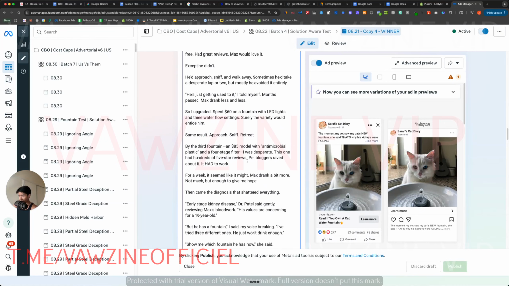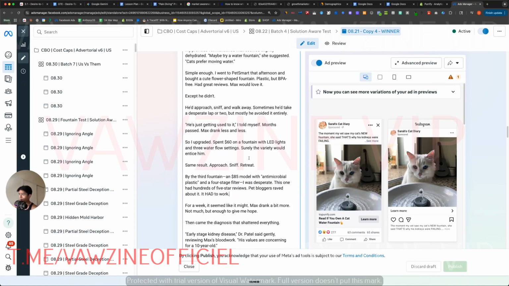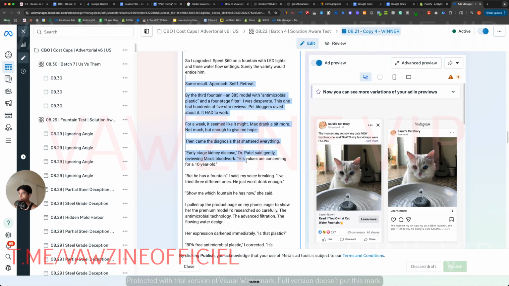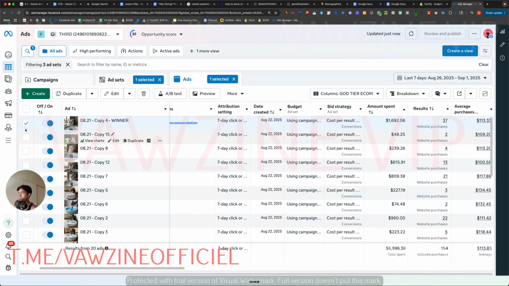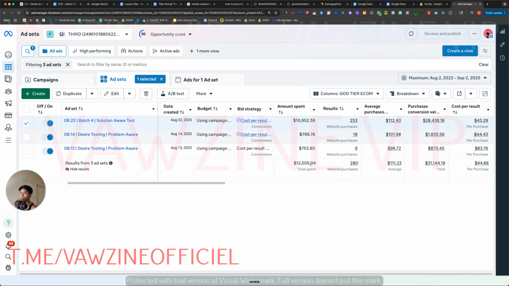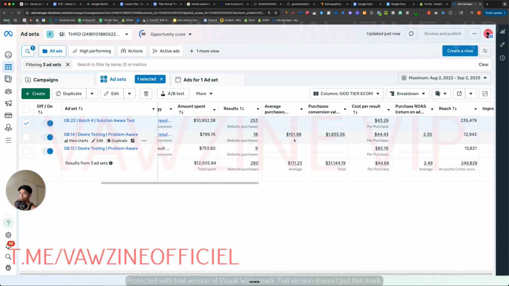I'm trying to find where it says it. But basically, yeah, she gets into the hospital, and the cat has early stage kidney disease. So it's the same angle. All we did was change the awareness level and look at the difference in performance. And that's just last 7 days. If I throw this on maximum, night and day difference.